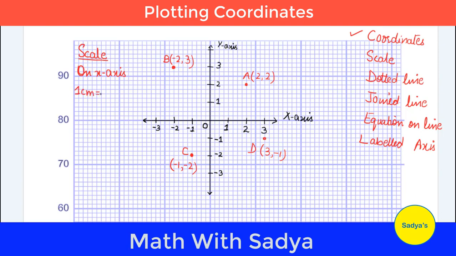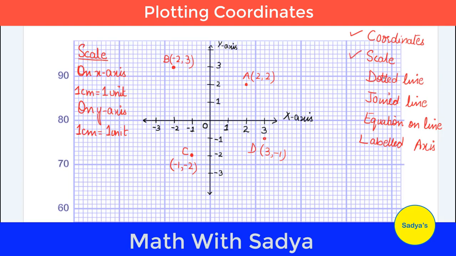So 1 centimeter is equal to 1 unit. Similarly, on the y-axis, these 4 lines represent 1 unit, so 1 centimeter is equal to 1 unit. So I have written the scale on the graph, and I can put a tick mark over here.